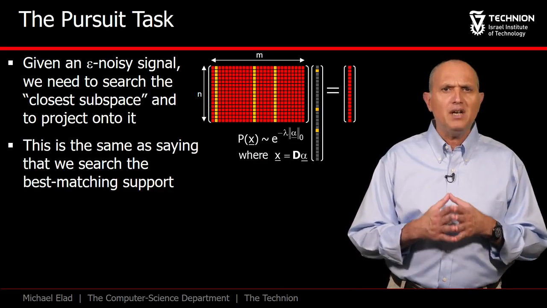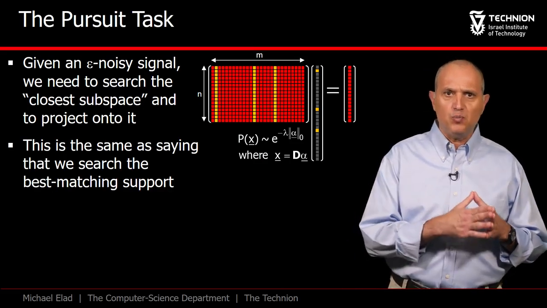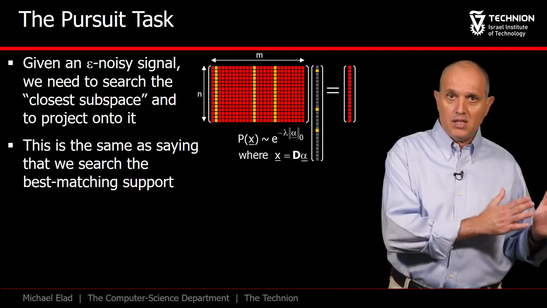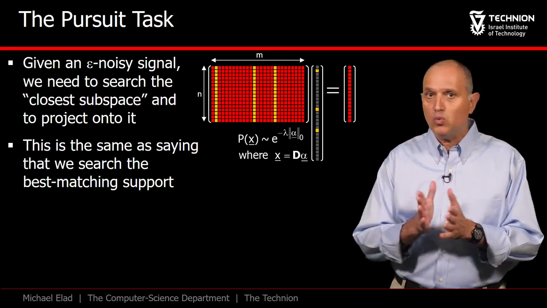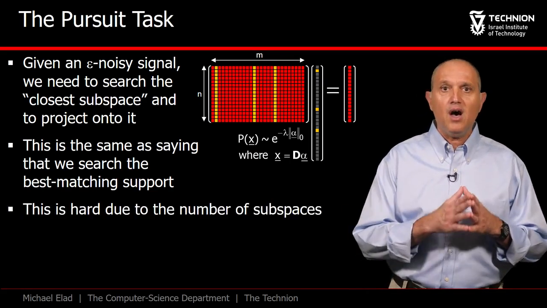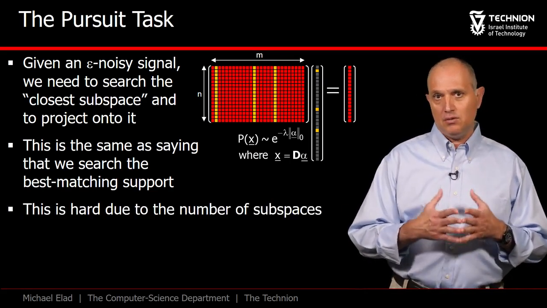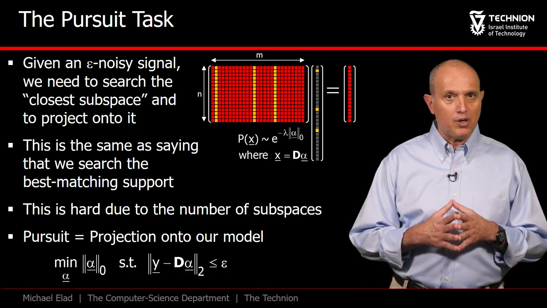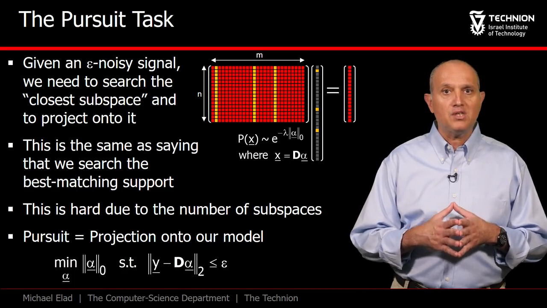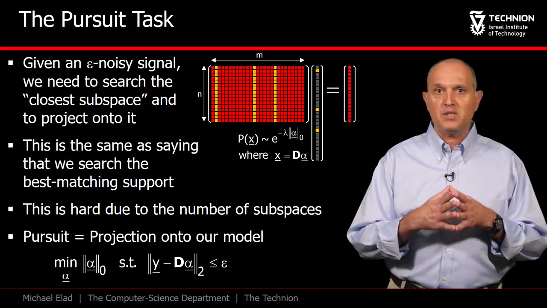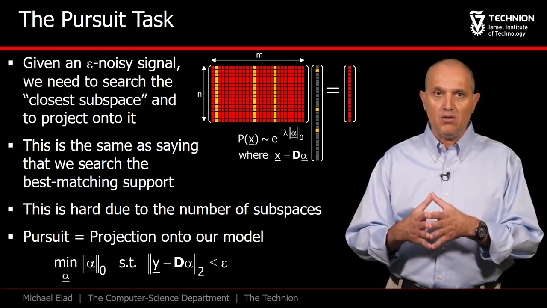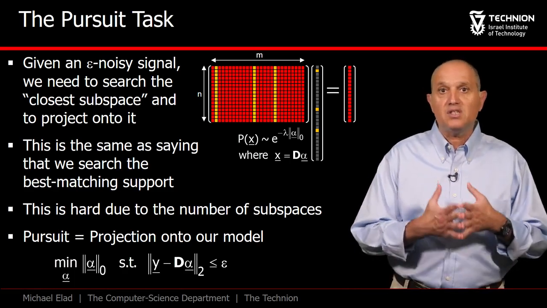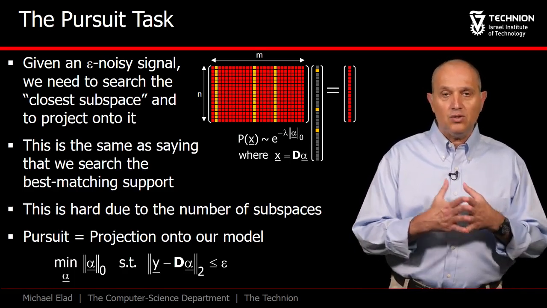This task is completely equivalent to a search for the support in D that explains this signal, since the mapping between these subspaces and the supports is one-to-one. The hardness of this problem is evident due to the many supports that need to be checked. Therefore, the pursuit problem is nothing but a quest for the sparsest alpha that explains y, up to an epsilon error. This is a projection operation which aims to find the closest subspace in the model to our signal.